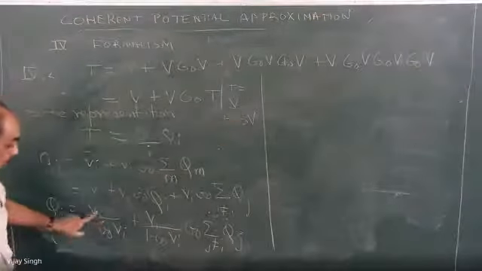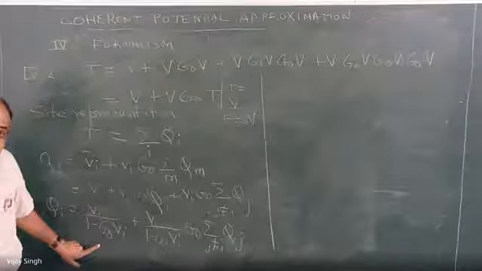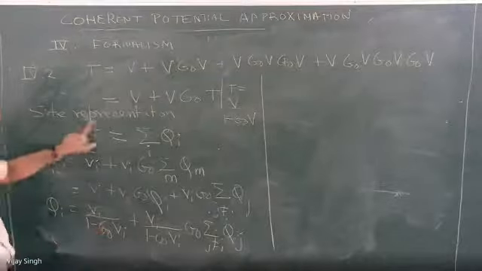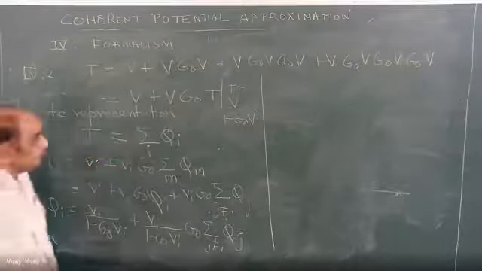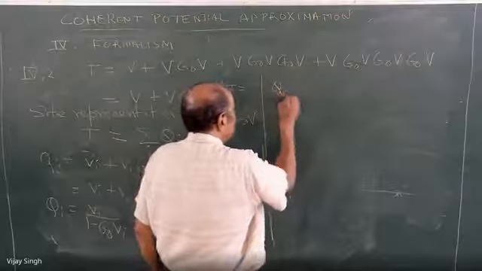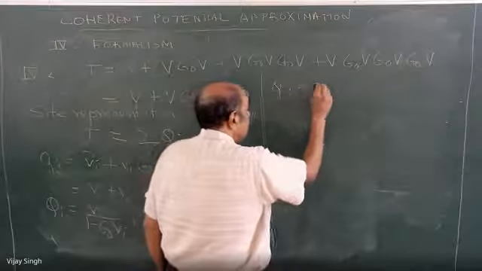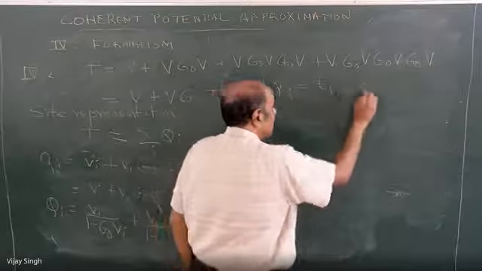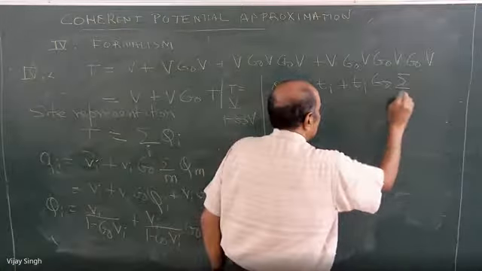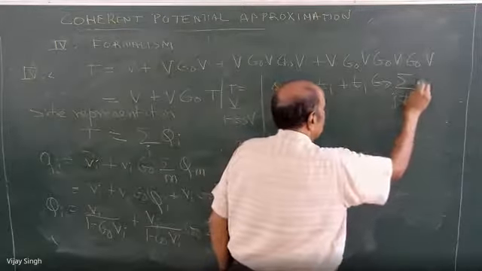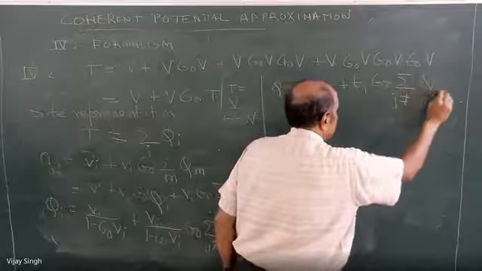So this is called a single site T matrix. That's why I said site representation. It's a single site T matrix. So I get Q_i equal to T_i plus P_i G0 sum over j not equal to i of Q_j.